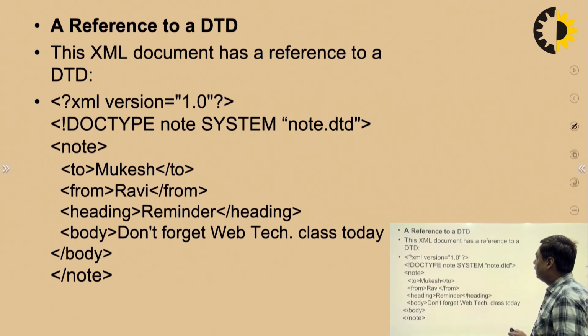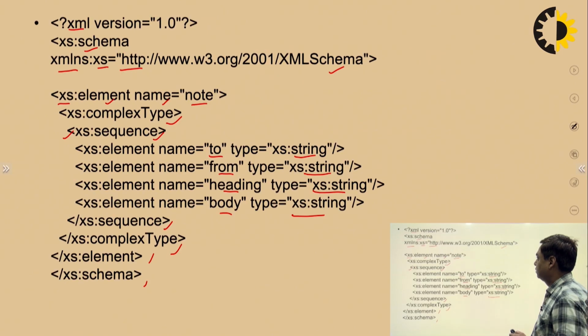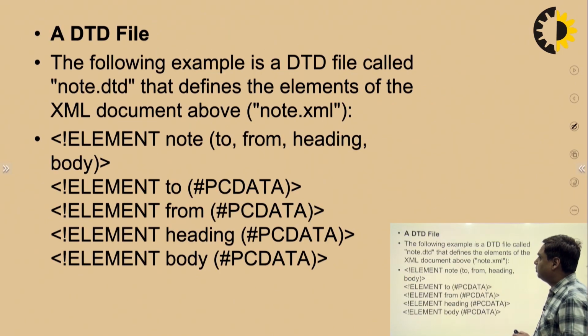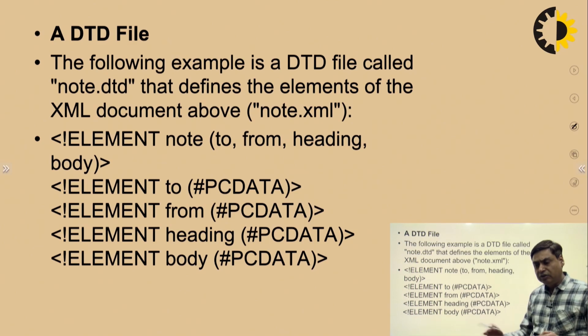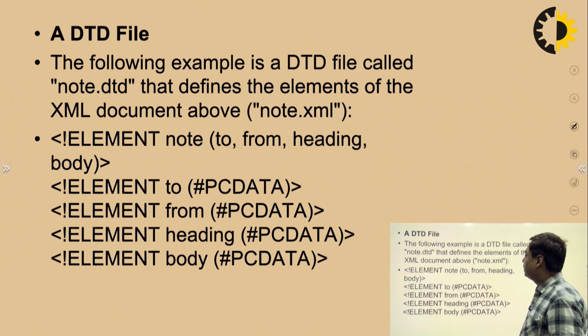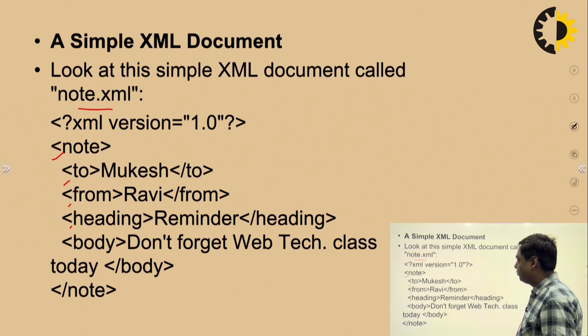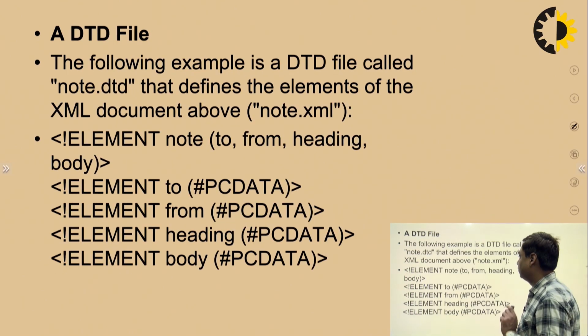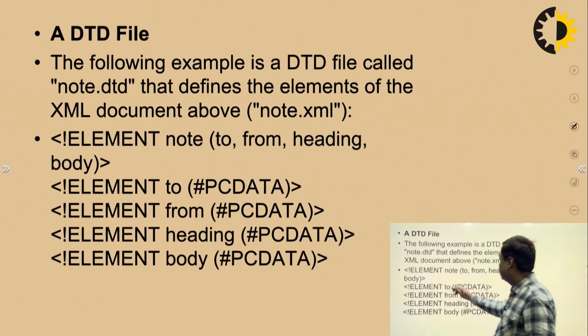In my earlier lecture, we discussed DTD. DTD is similar to the XML schema, but XML schema is an advanced version of DTD. Just for reference, for the same XML file, if you want to write the DTD, this is the format. You have to write the element node, to, from, heading, body.